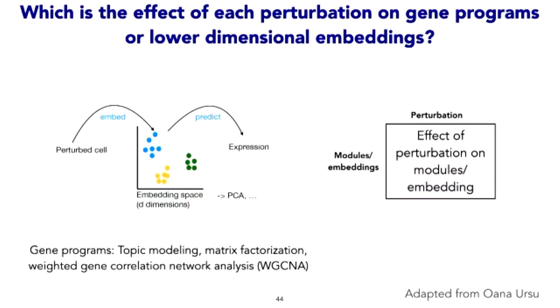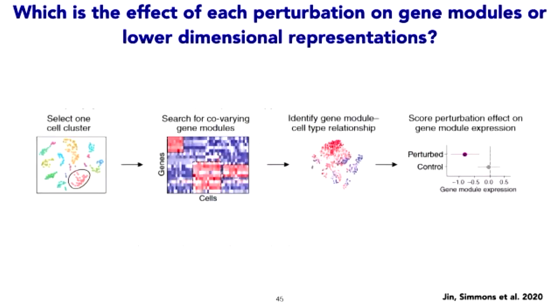It might also be a low-dimensional embedding. Then we are left with a matrix, which instead of gene by perturbation would be module or embedding by perturbation. And this was done in the in vivo Perturb-seq paper that we've been using as a case study all along.